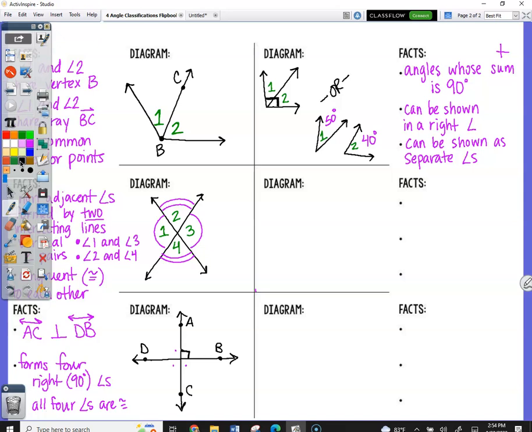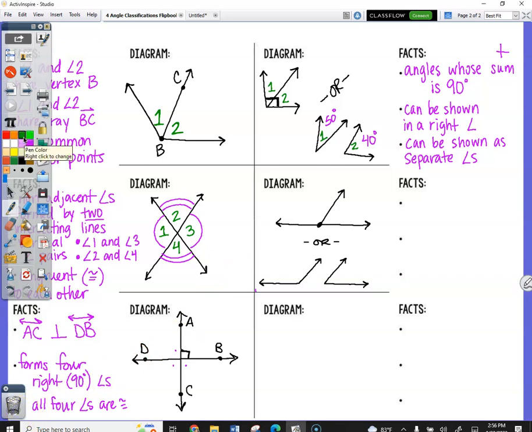Supplementary. You're going to have three pictures. You got that one, or this. Okay, two scenarios here.